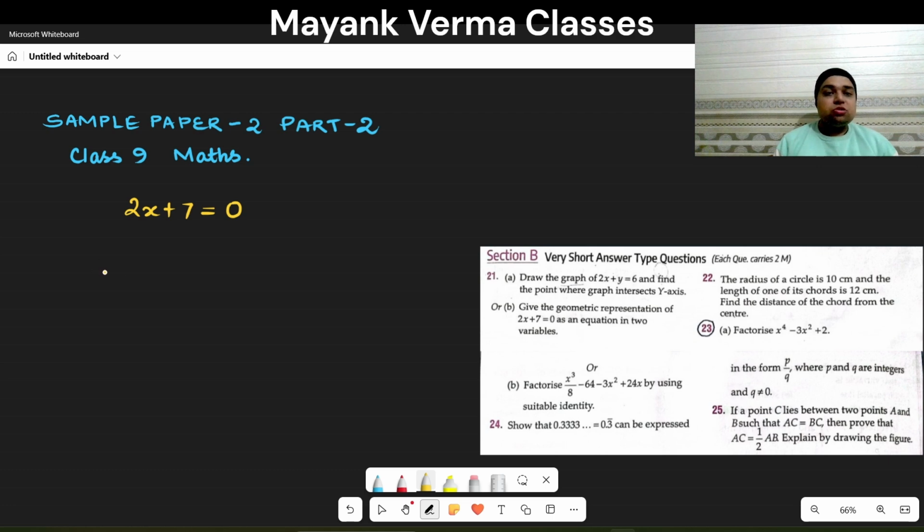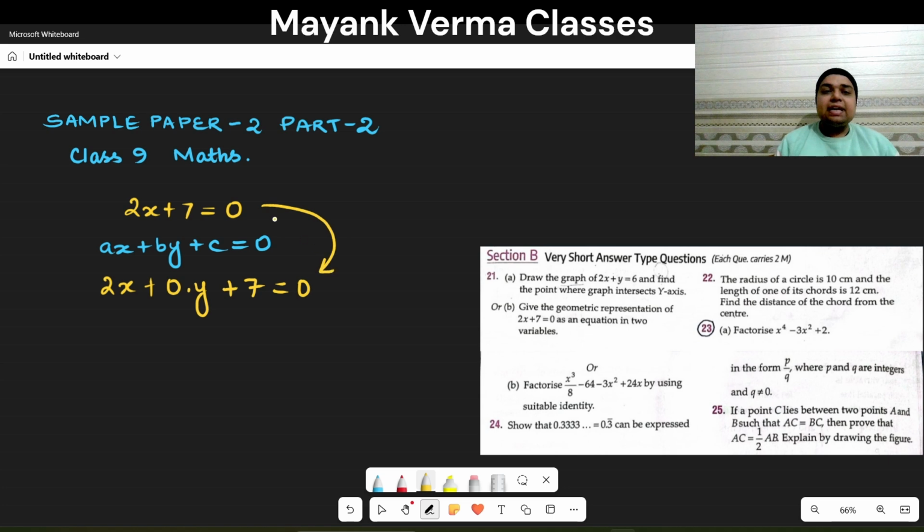It is saying geometric representation, which means we need to draw the graph of this line also. If we compare this with the standard form, ax plus by plus c is equal to 0, we can see there is no y term in it. So we can write 2x plus 0 times y plus 7 is equal to 0.